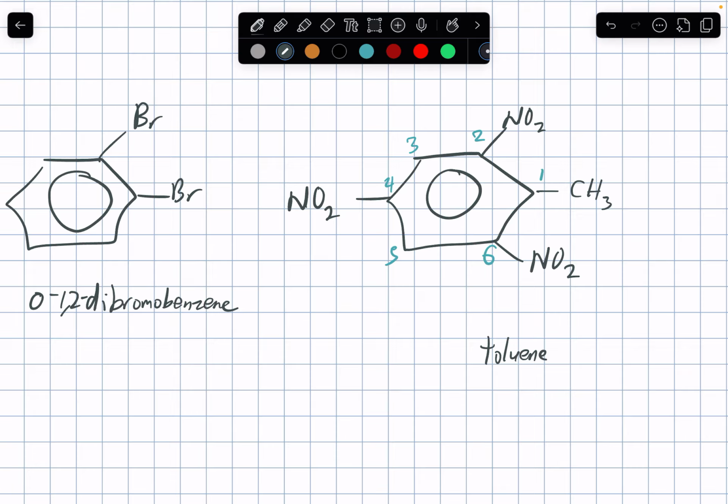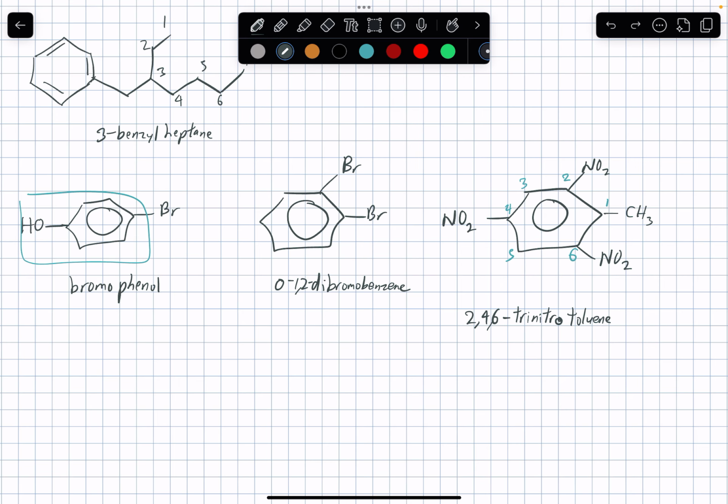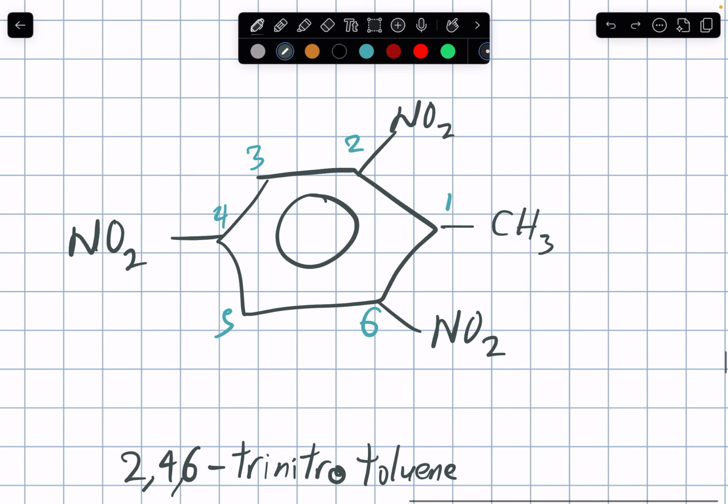Okay, so nitro appears in 2, 4, 6. 2,4,6-trinitrotoluene. TNT. So the explosive, no? That's what TNT looks like.